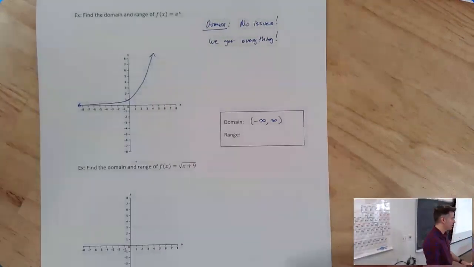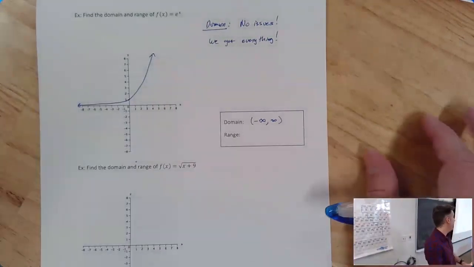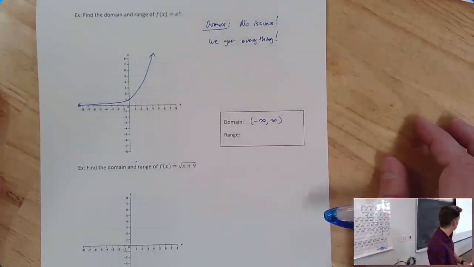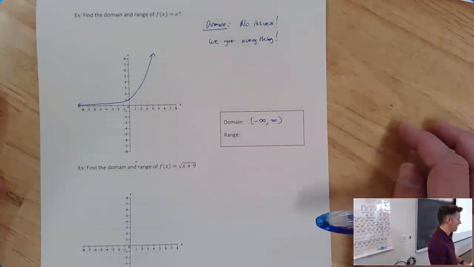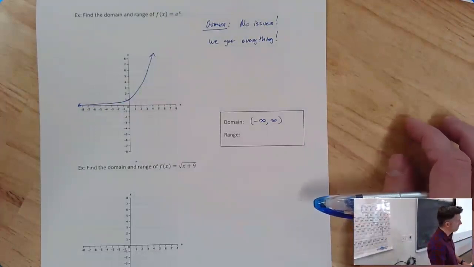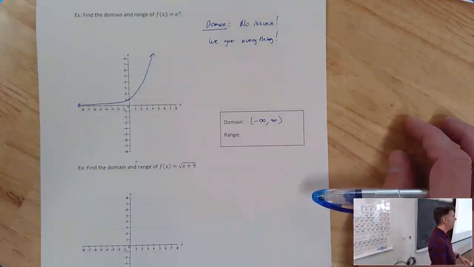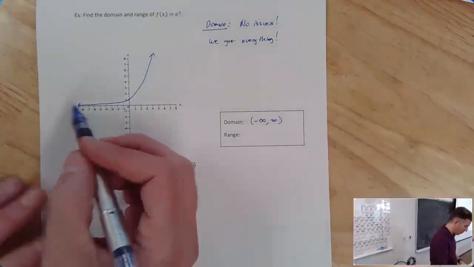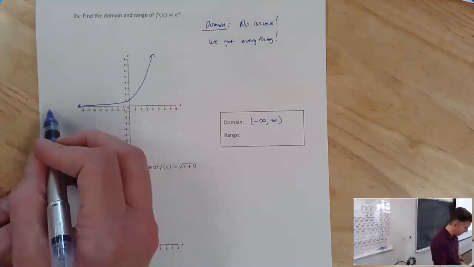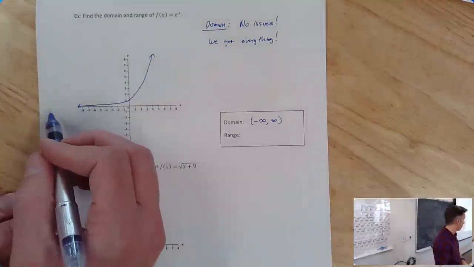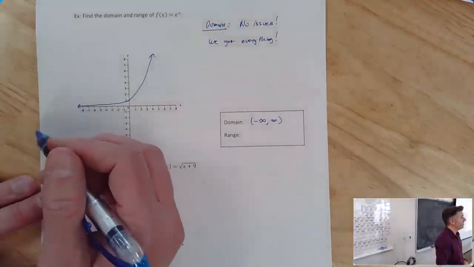The range, on the other hand, we certainly don't get everything, right? We do not get every y value. Do we get any negative y values? No. Do we get 0? No, we get really close to 0, but we don't. So you can get any value that's positive, because you can keep going way out to the left here and get closer and closer to 0, but you never actually get there.